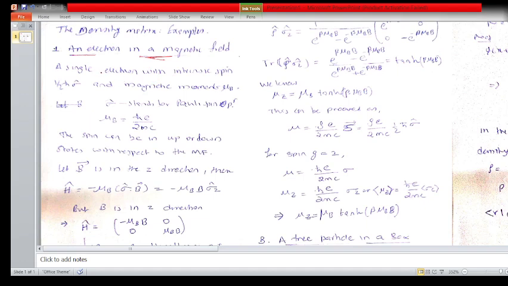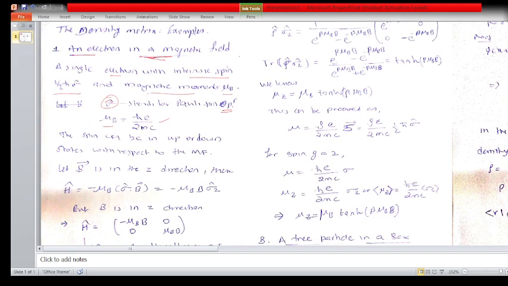Here we will consider a single electron with intrinsic spin half h cross sigma, where sigma stands for the Pauli spin matrix, and the electron has a magnetic moment mu B, where sigma cap is the Pauli spin operator, and mu B is h cross e by 2mc.